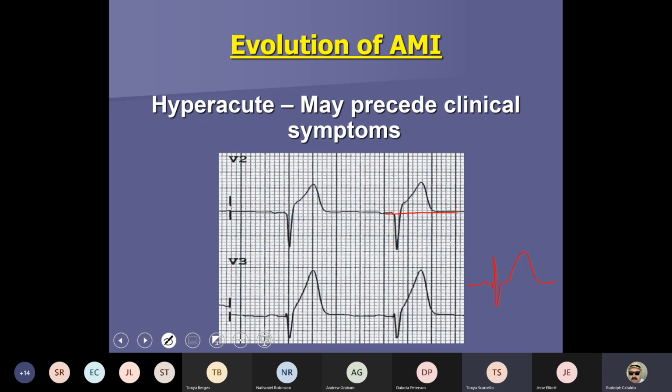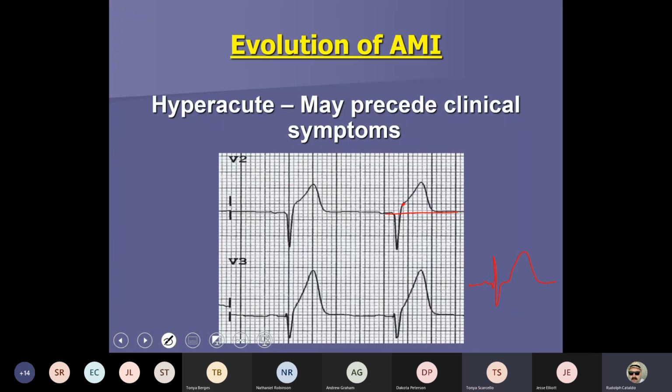How about Joel? What do you see? I would say there's elevation. Okay. How many millimeters would you say? 3. Yeah, I'd say 3. I'd go with that because there's my J point, right? Yeah, I'd say 3 millimeters of elevation.